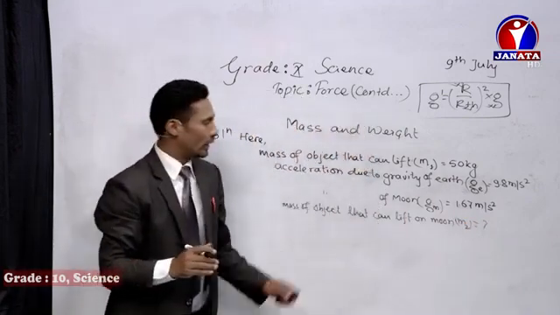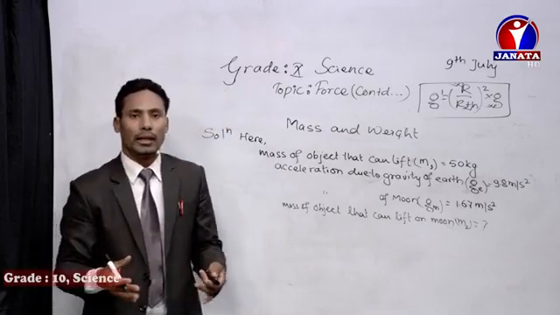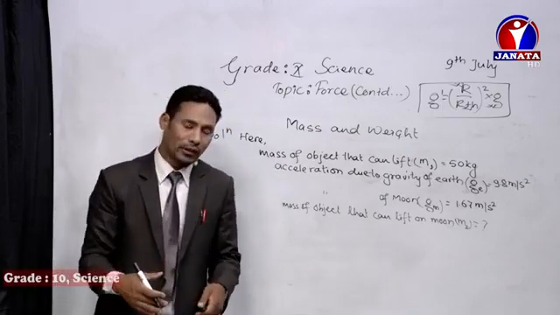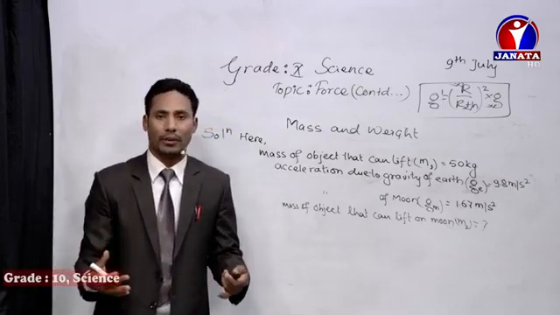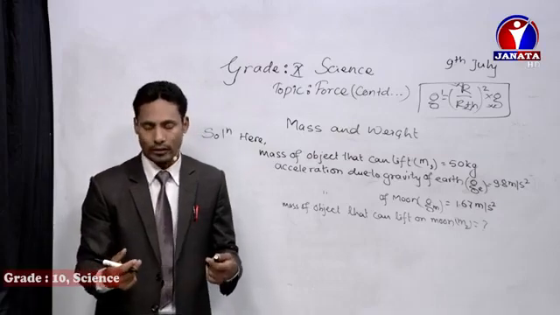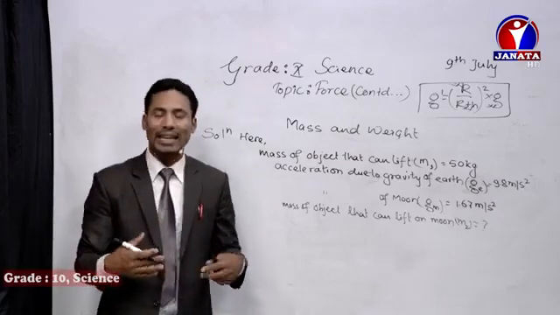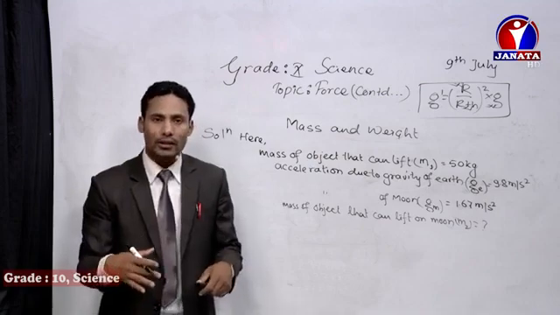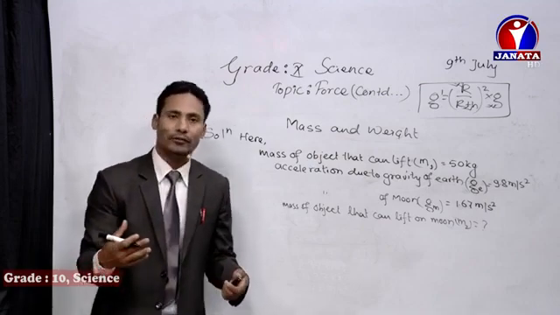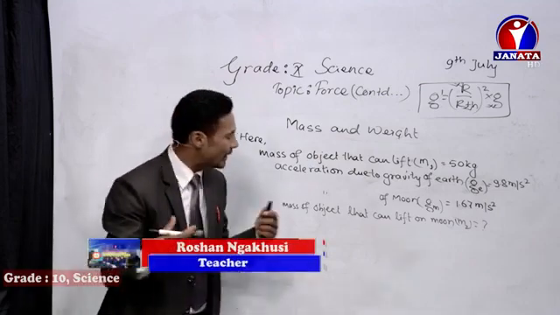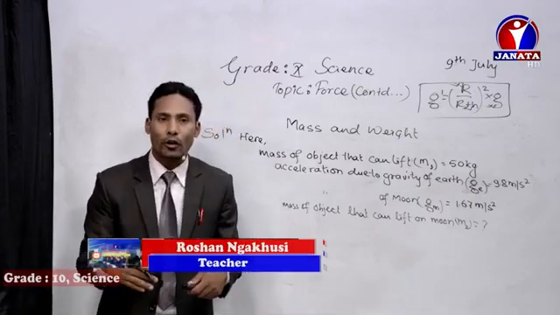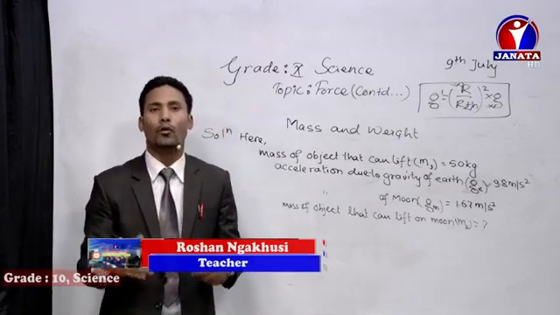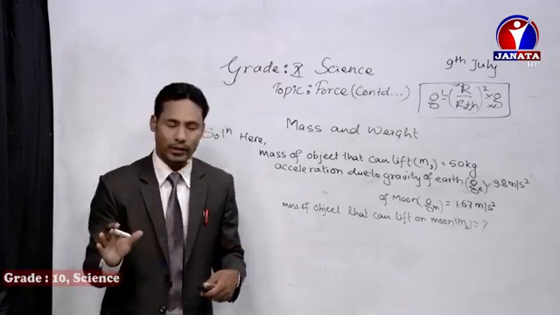Here, whatever energy I have on the earth, the same amount of energy will be there on the moon also. That means the weight I can lift on the earth, the same amount of weight I can lift on the moon also. So in this case, the weight lifted on the moon equals the weight lifted on the earth, right?